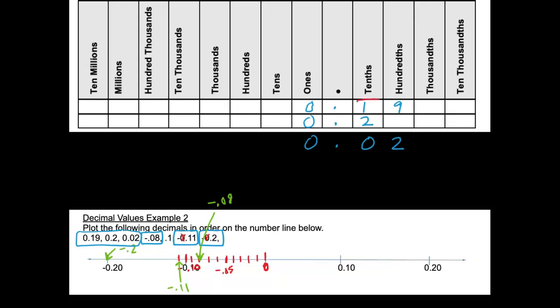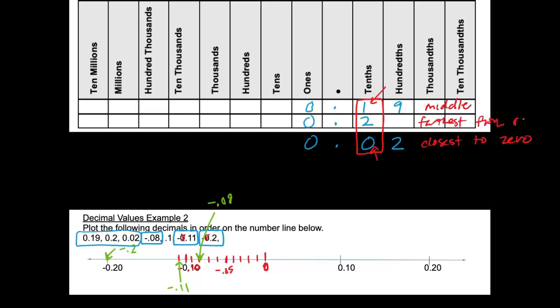If we look at the first place value after the decimal, the tenths place, the number that's smallest is that 0 here. So 0.02 is closest to 0. It's the smallest number out of these 3. The number with the 1, 0.19, is going to be in the middle. And the 2 is the biggest, so 0.2 is going to be the farthest from 0.